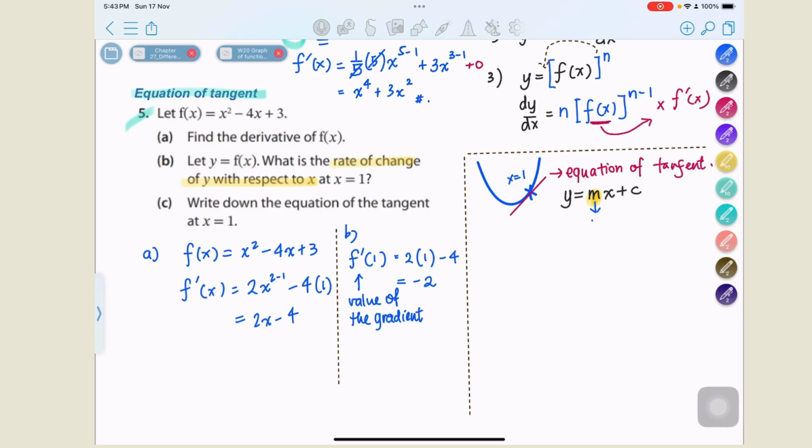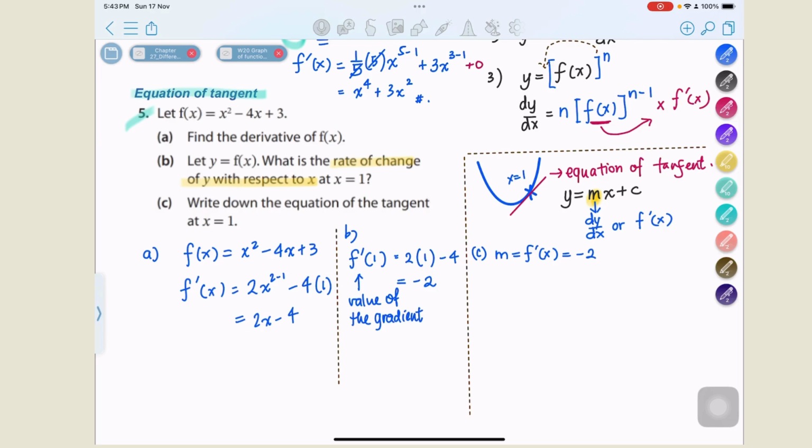Instead, the m actually represents the value of your dy/dx, or we call it f prime x. To work out part C, we have our gradient value, which is f prime x from part B, which is negative 2.